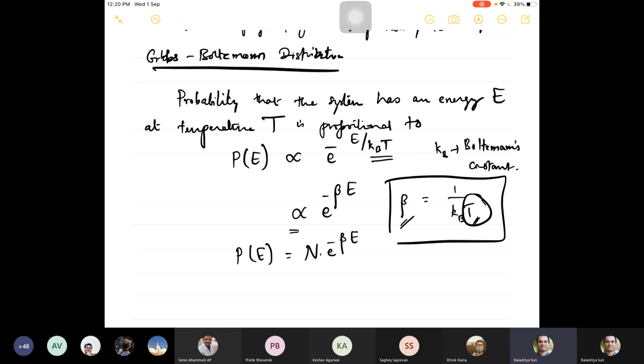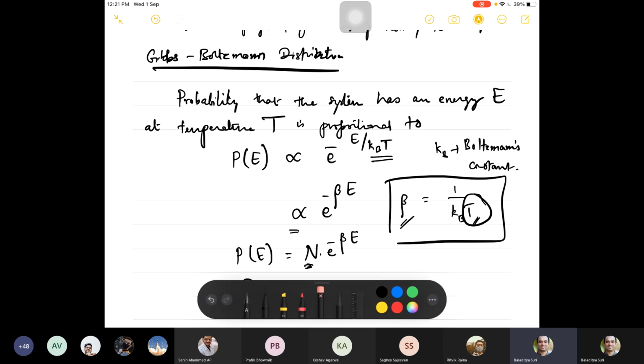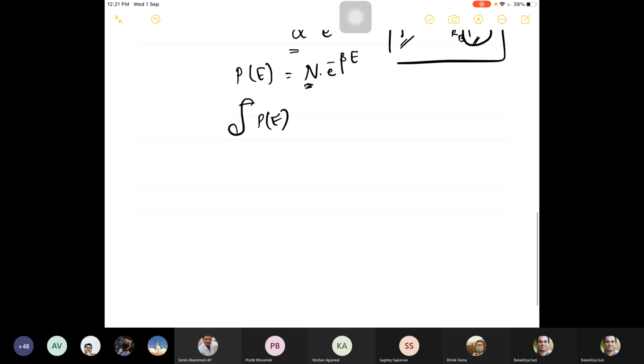This normalization constant comes from the simple requirement that if you integrate, or rather sum over, this P of E over all E, the sum over all probabilities, because the system has some energy or the other.